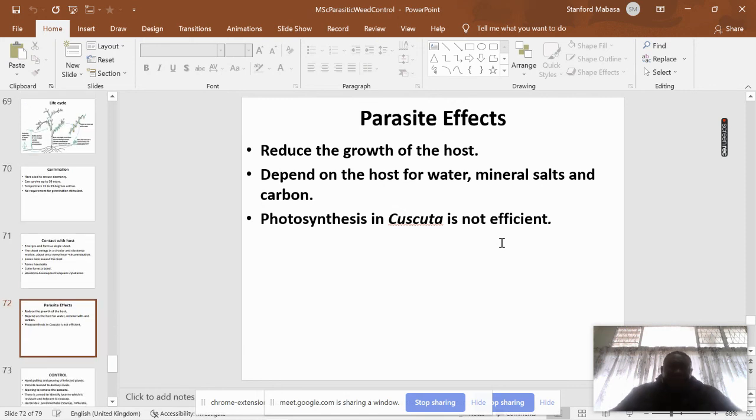What are the effects of the parasite? It can reduce growth of the host. It depends on the host for water, mineral salts, and carbon. Photosynthesis in Cuscuta is not efficient because it contains very little chlorophyll.